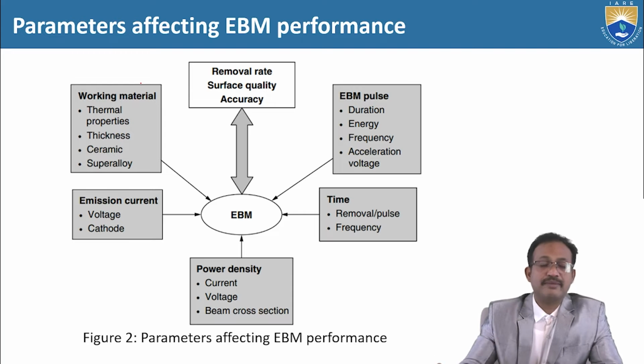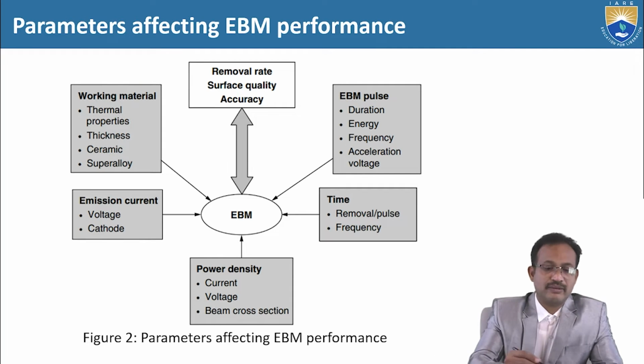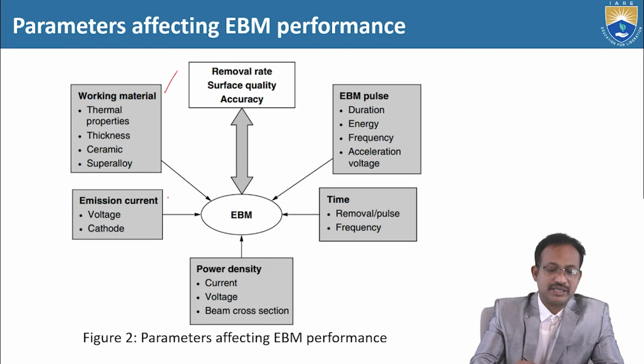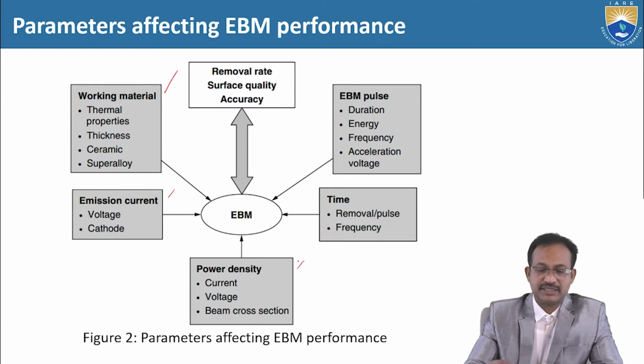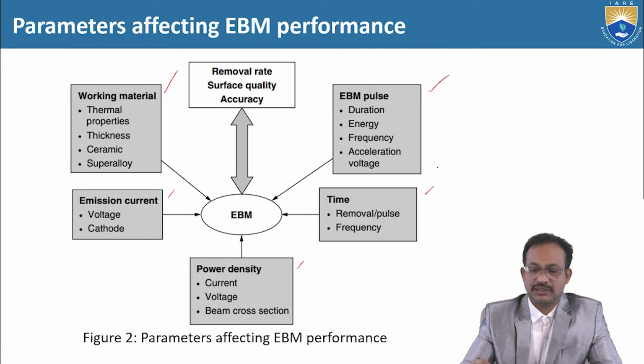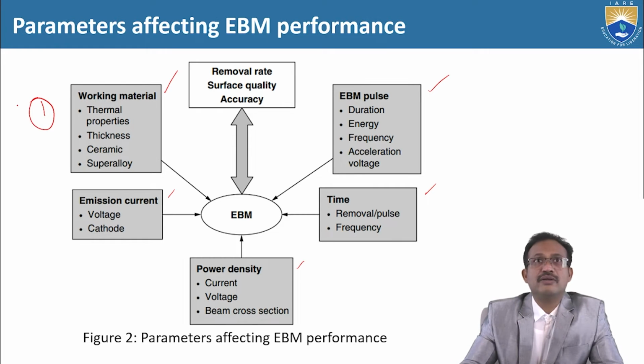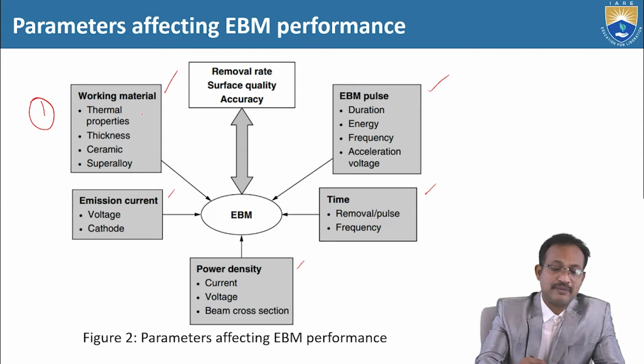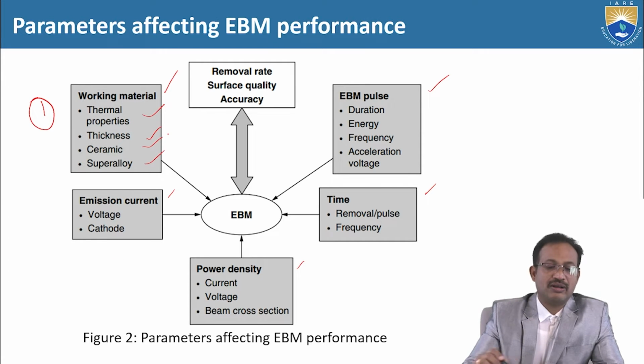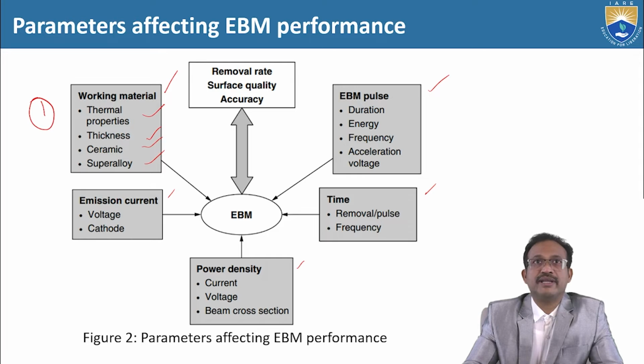The main process parameters are working material, emission current, power density, and EBM pulse time. In working material: thermal properties, thickness, ceramic, superalloy. These are the various working materials associated with electron beam machining.